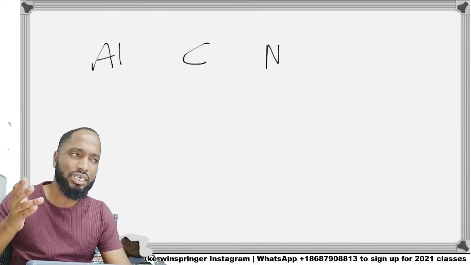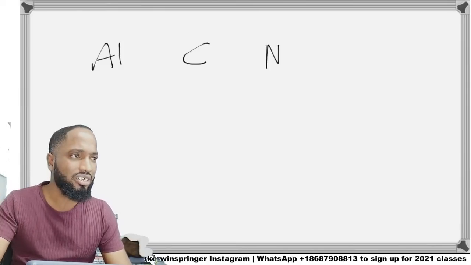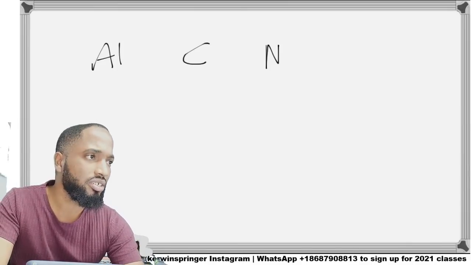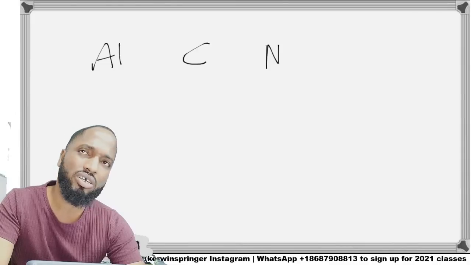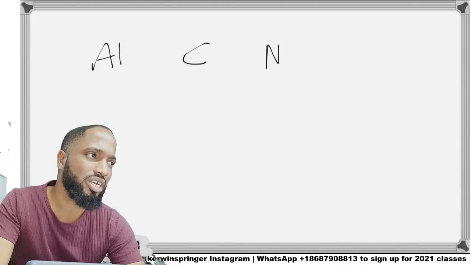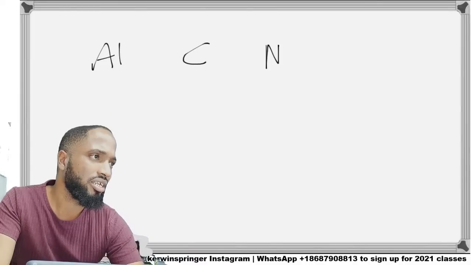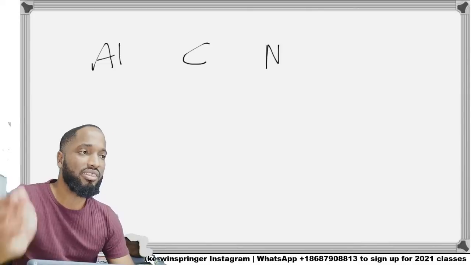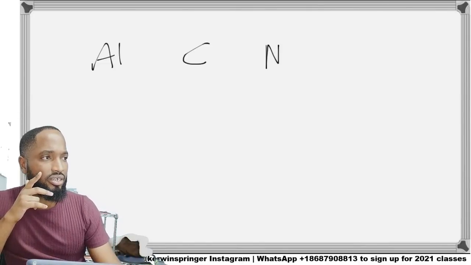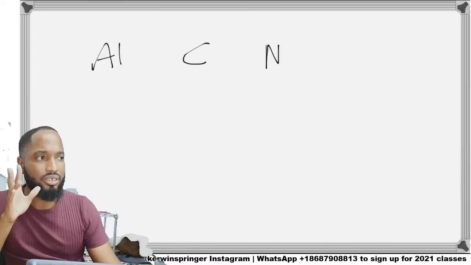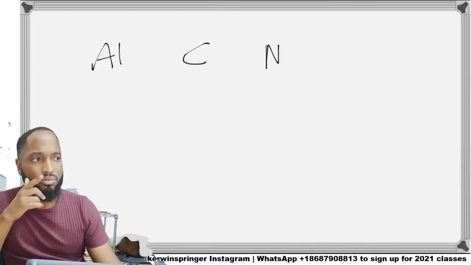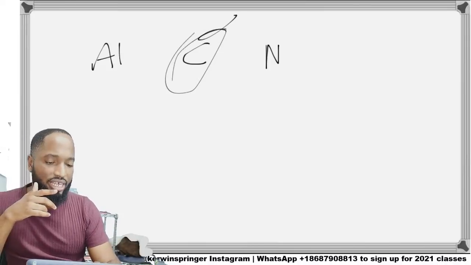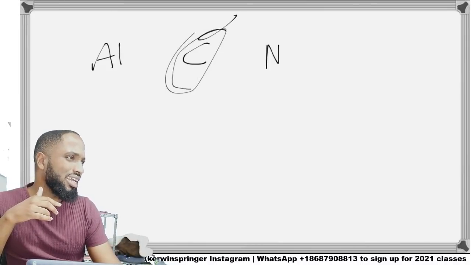Which one forms an acidic oxide? Does nitrogen form an acidic oxide? Nitric acid. Nitrous oxide has no acid-base properties. Maybe it's that.